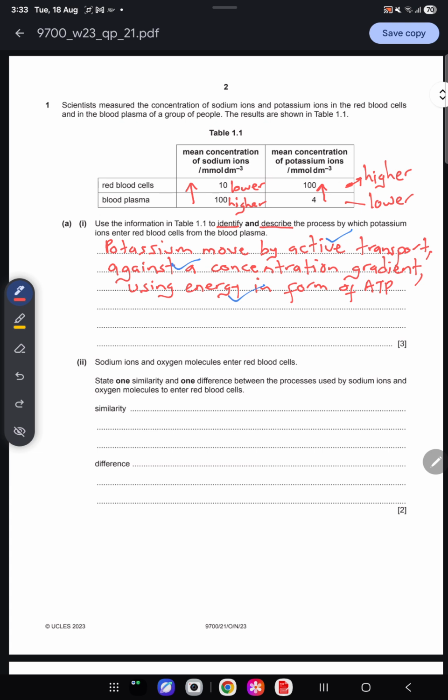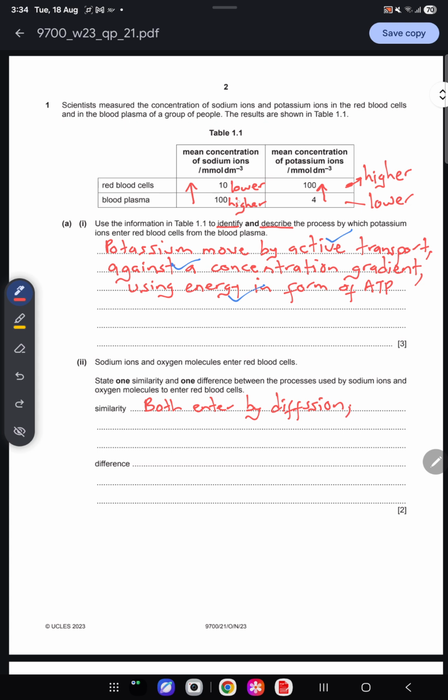So if they ask me for the similarity, I will say that both oxygen and sodium ions enter into red blood cells by diffusion. How do they move by diffusion?